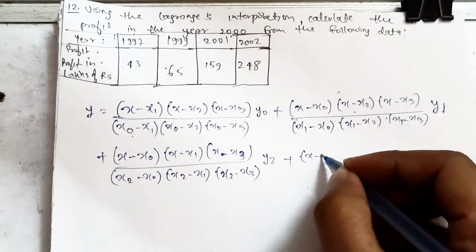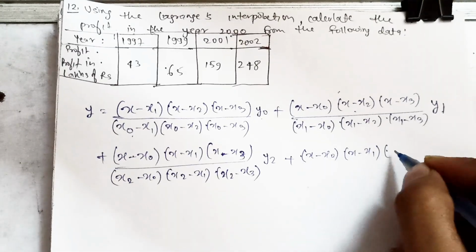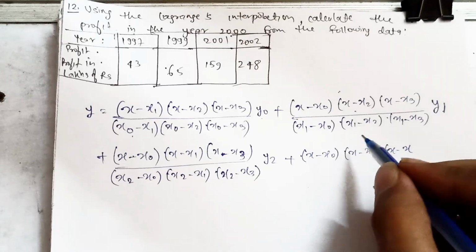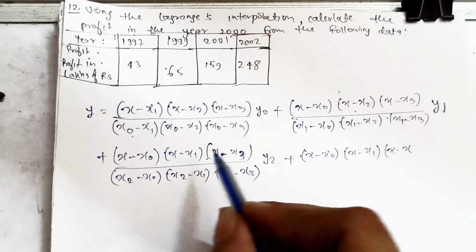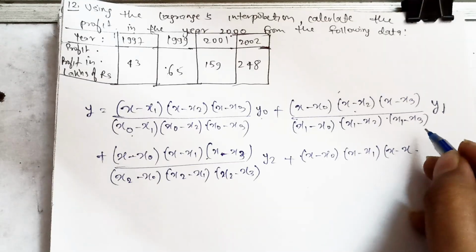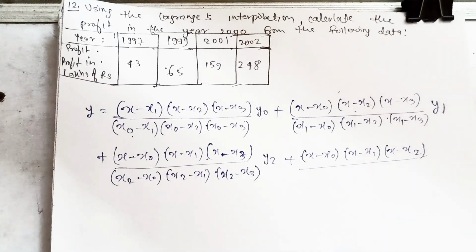Again we subtract x minus x naught, then x minus x1 and x minus x2, since in the last term we neglect x3.